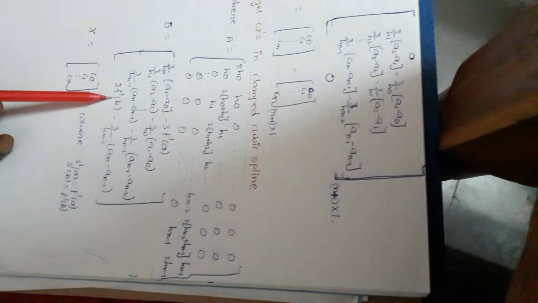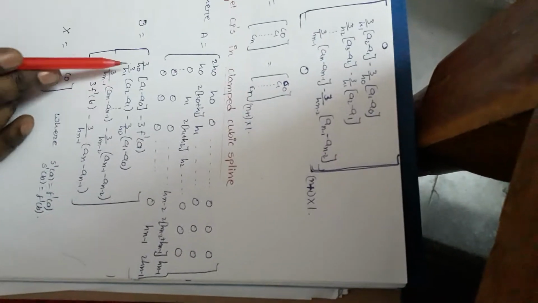B value: same here. In B also, the first row and last row will be changed. The remaining part is the same. Previously we have seen that B in the first row is 3 by H0 times A1 minus A0 minus 3 into F dash of A, and the last row is 3 into F dash of B minus 3 by Hn minus 1 times An minus An minus 1.